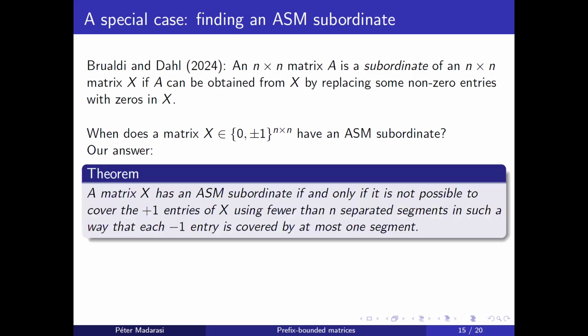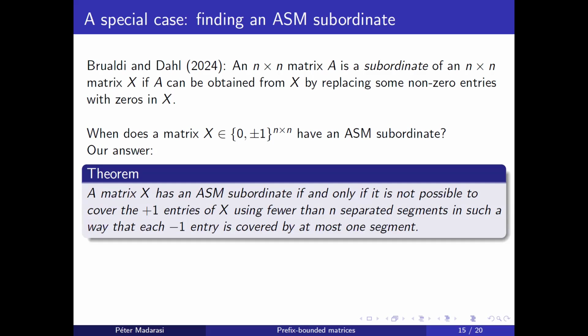And here is our answer, which is just a special case of the previous theorem, as I will soon explain. So a matrix X has such an ASM subordinate if and only if one cannot cover the plus 1 entries of X using pure and separated segments, making sure that each minus 1 entry is covered by at most one of the segments.